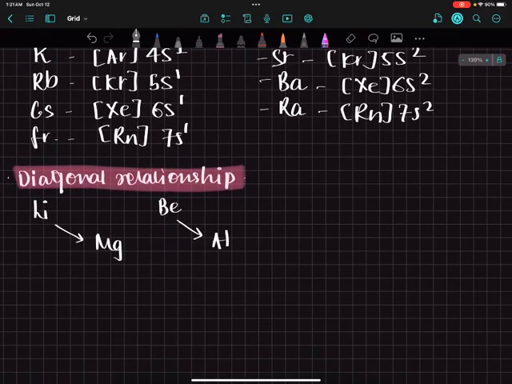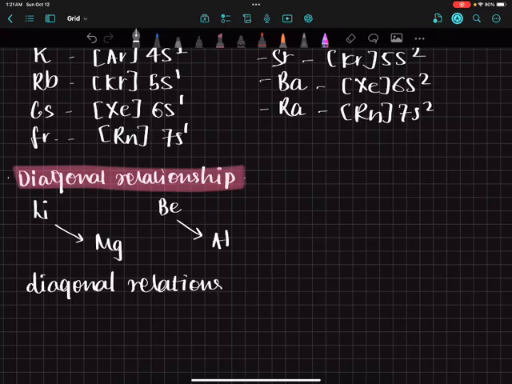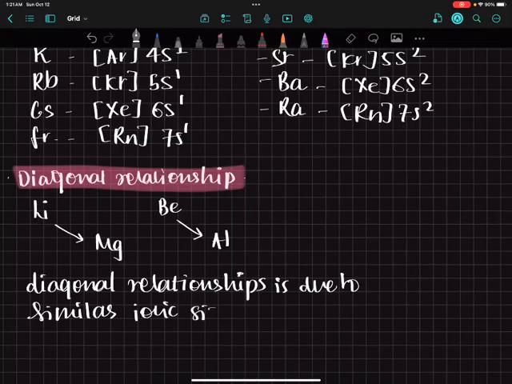Here we can conclude that the diagonal relationship is due to similar ionic sizes or charge to size ratio.